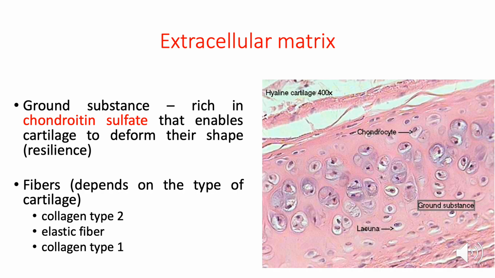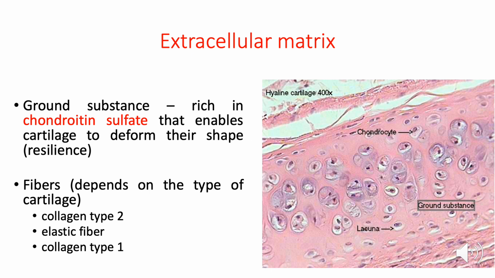Extracellular matrix is composed of ground substance and fibers. What makes the ground substance of cartilage unique from the other tissues is that its ground substance is rich in chondroitin sulfate. Please recall that chondroitin sulfate is one of the glycosaminoglycans. This chondroitin sulfate is abundant in cartilages, and it is the reason why cartilages are resilient.